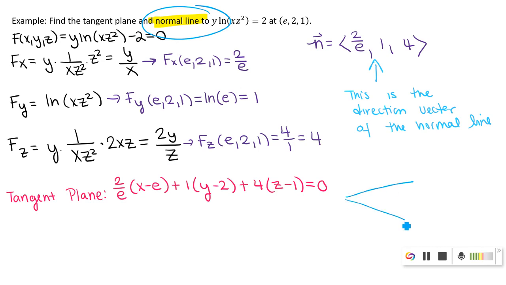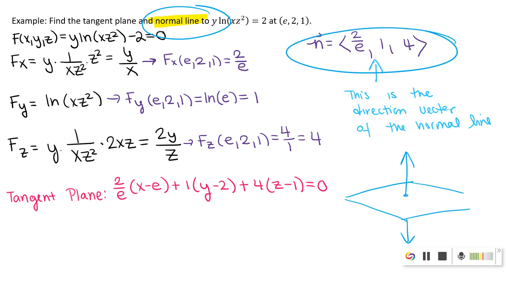So again, what we're doing here is we just came up with our equation of our tangent plane, and now we're trying to come up with the equation of that normal line. So the normal line goes in the direction of that 2 over e, 1, comma 4, and it's going to pass through our point of tangency, (e, 2, 1). It's going to pass through our plane.